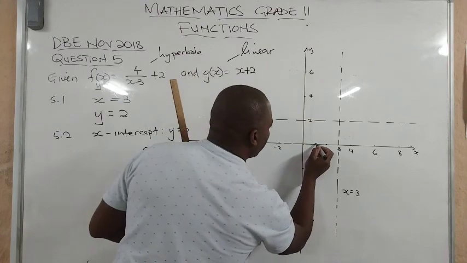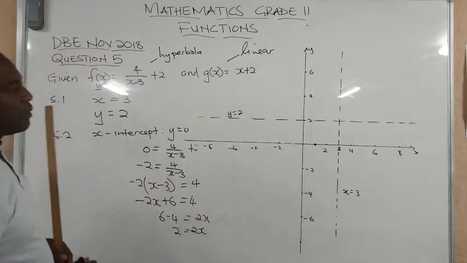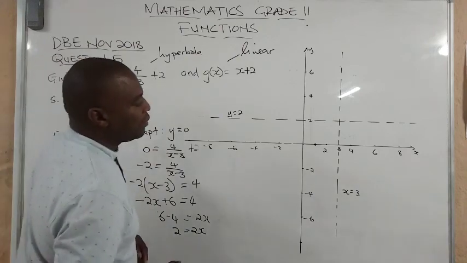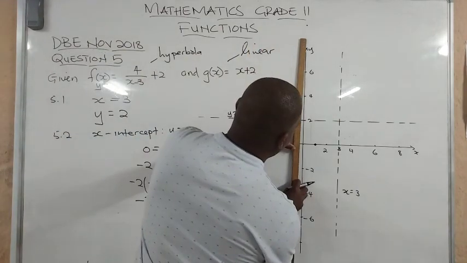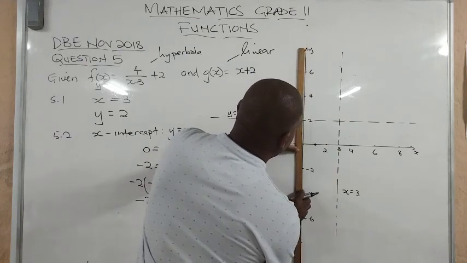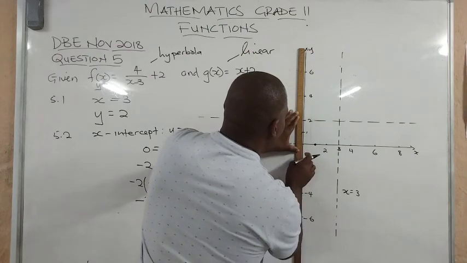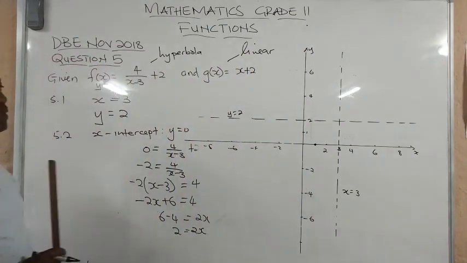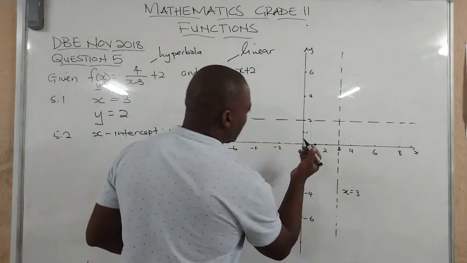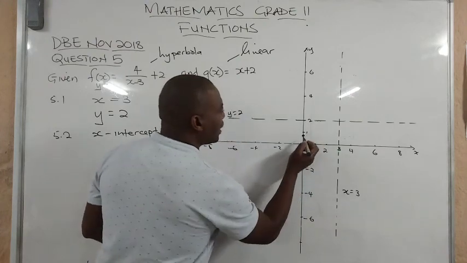So the graph is going to cut. And then the y-intercept, we say it's 2 over 3. There is 1. 2 over 3, it's 0.6 or 0.7, which we can put approximately there.